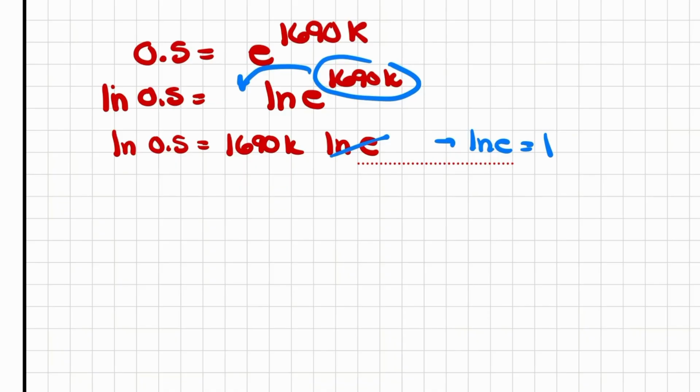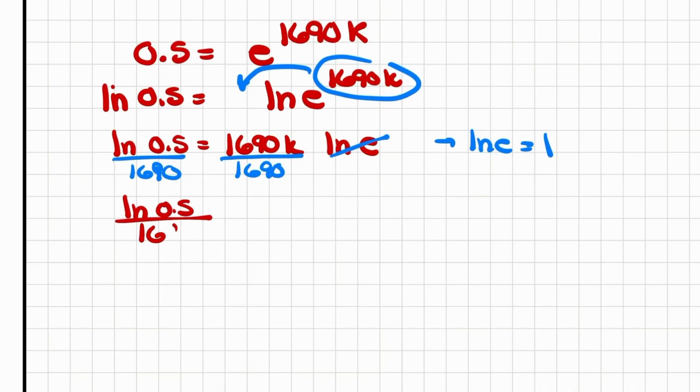We're now left with ln of 0.5 is equal to 1,690k. Rearrange and solve: we divide both sides by 1,690, and that leaves us with ln 0.5 over 1,690 is equal to k.